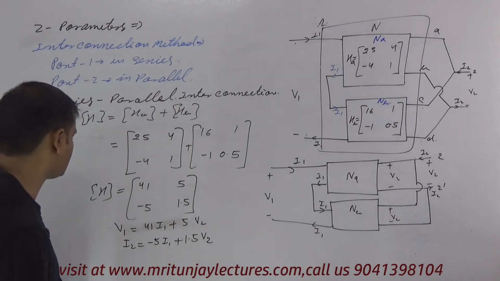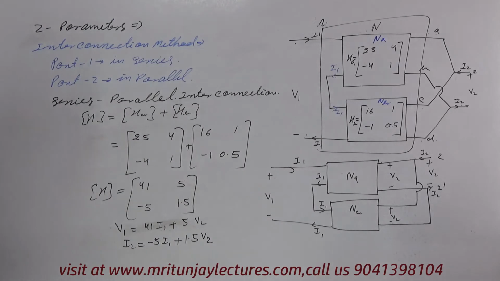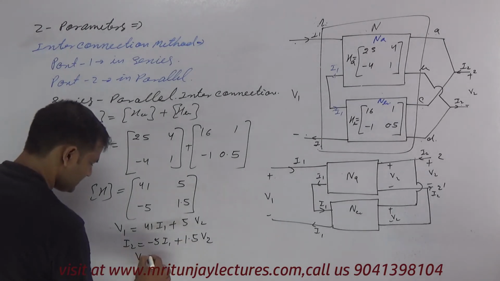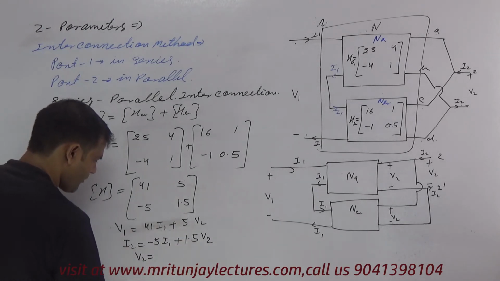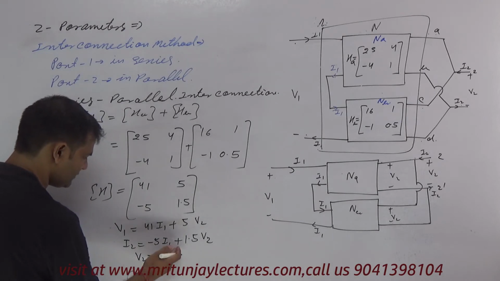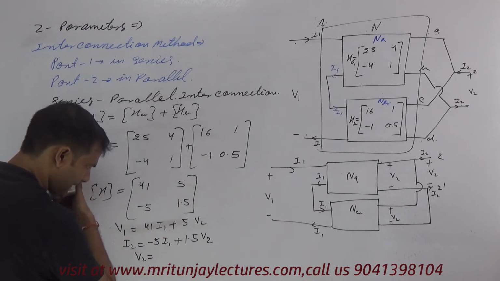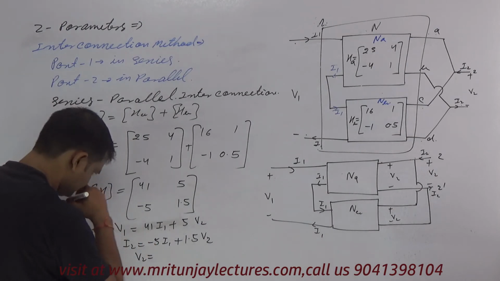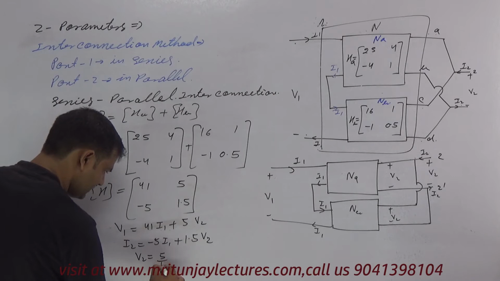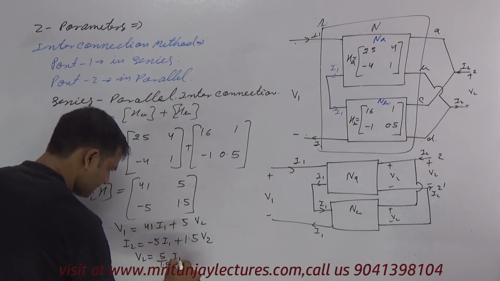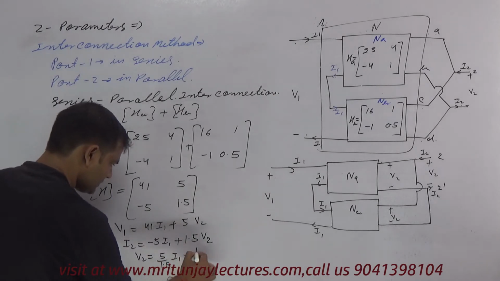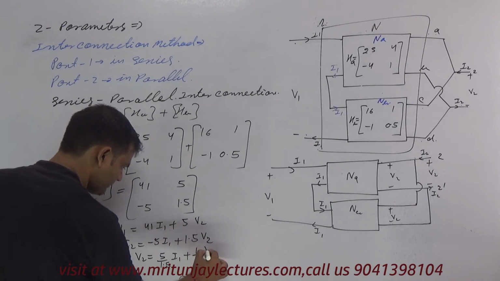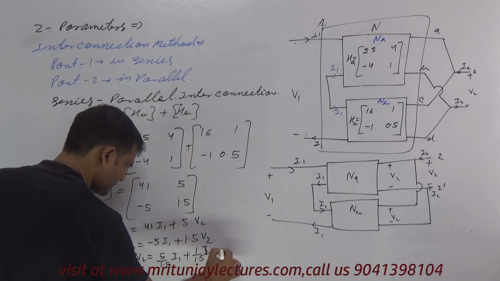So V2 can be written as V2 is equal to 5 divided by 1.5 I1 plus 1 by 1.5 I2.